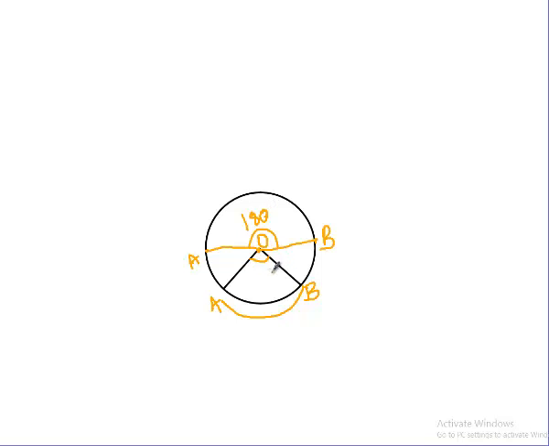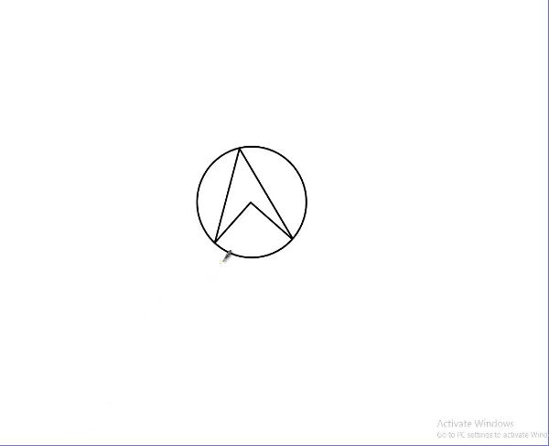This angle could be any size, but in our case, let's give it an arbitrary value of 80 degrees. If we have an angle at the center, the key thing I want you to focus on is that this angle is at the center of the circle, and that it's two radii coming out from the center forming this angle.